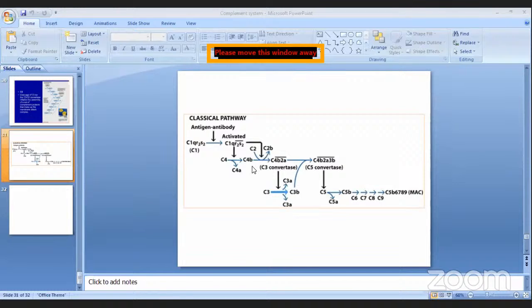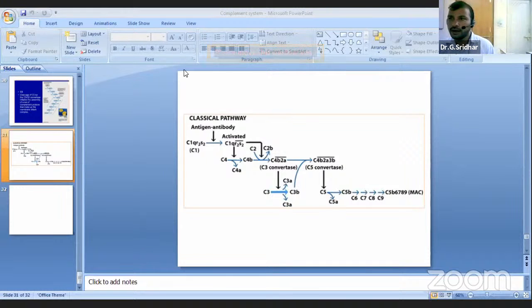Now this C3 convertase is coming and splitting the next protein, which is called C3.